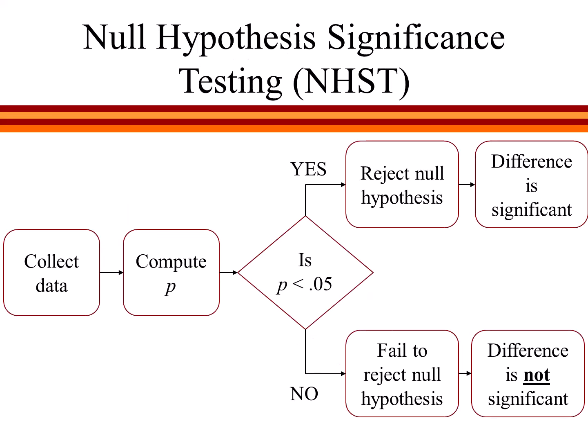To answer this question, we use a process called null hypothesis significance testing, and that's a large mouthful, so we usually abbreviate it as NHST. We start with something called a null hypothesis, and that's the assumption that there really is no effect or no true relationship in the population.